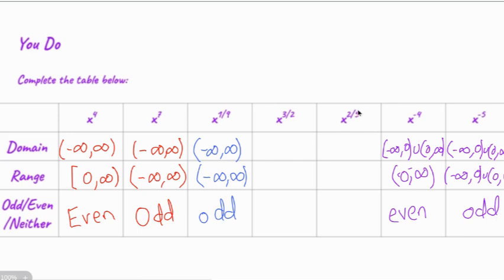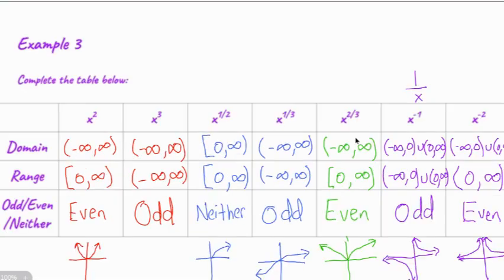Now, we had something like this before. On the previous one, we had an even numerator and an odd denominator. And this was the result, and that's because we're taking negative values and squaring them. So we can carry these properties over at the same time. We can still plug anything we want into this.